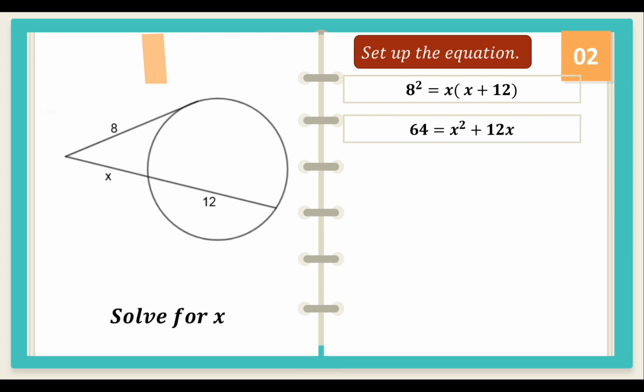Simplifying, performing operations, we have 8 squared is 64. Then we have x times x, we get x squared. And then we have x times 12, we get 12x.